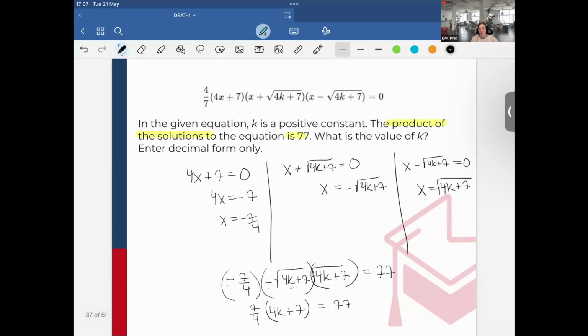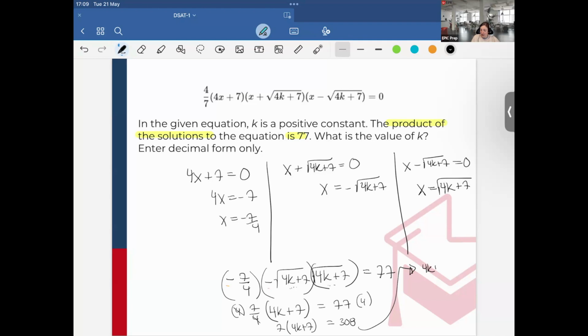Okay, now I want to remove the 4 from the 7/4, so remove fractions where you can. So I'm going to multiply just by 4. So here it will cancel, and then I'm left with 7 times 4k plus 7 is equal to 308. Divide each side by 7.